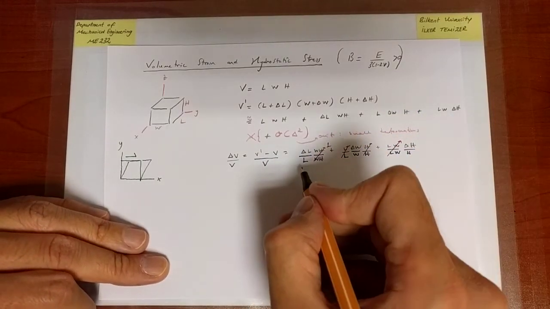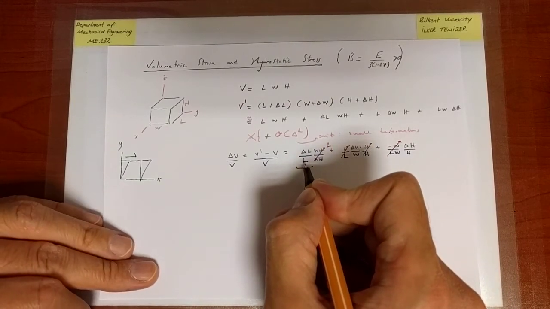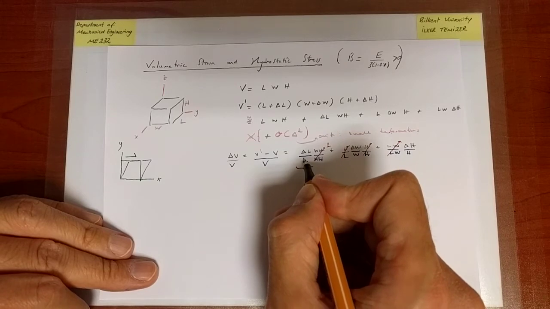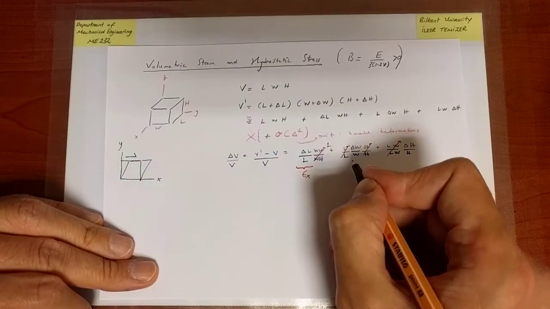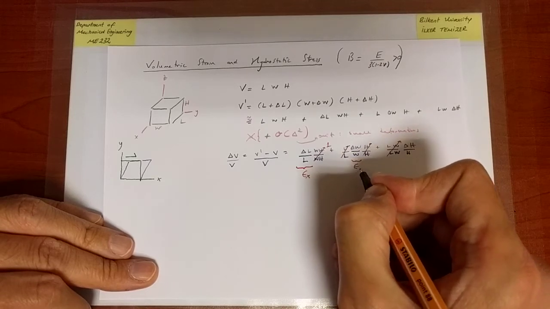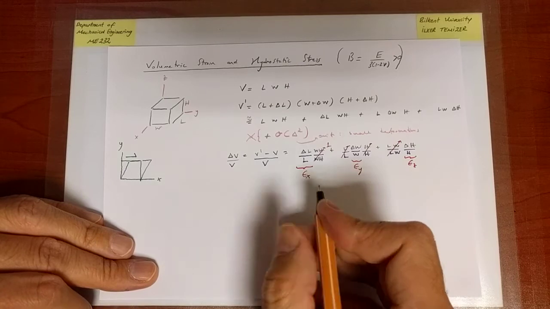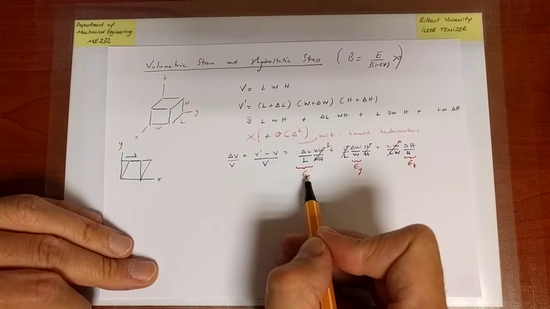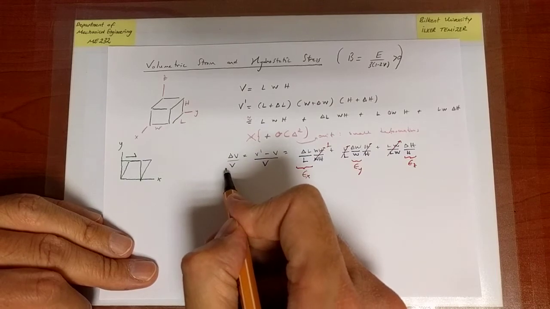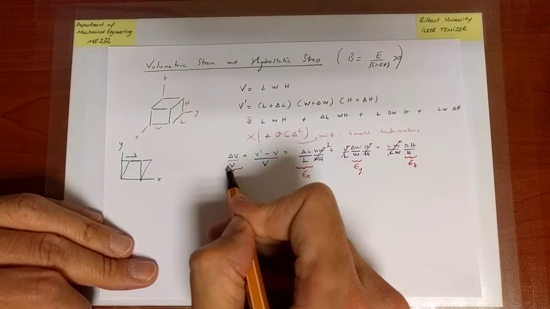Now here this is change in length divided by length, that's a strain, a normal strain associated with the x direction, so that's epsilon x. Strain, normal strain associated with the y direction and with the z direction. So change in length over length, our standard definition of normal strain. And on the other hand, here we have change in volume divided by the initial volume.